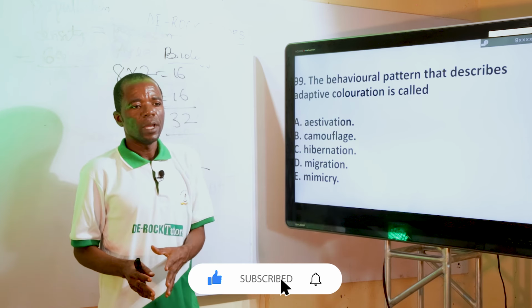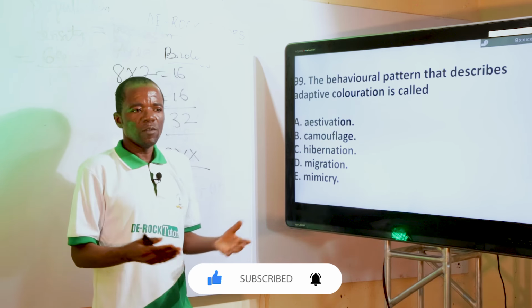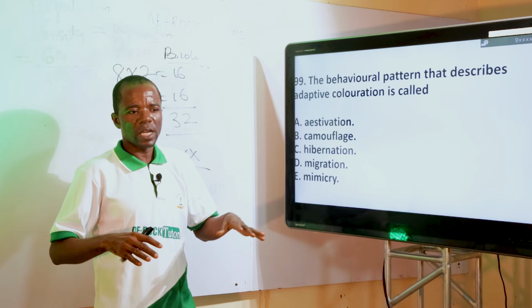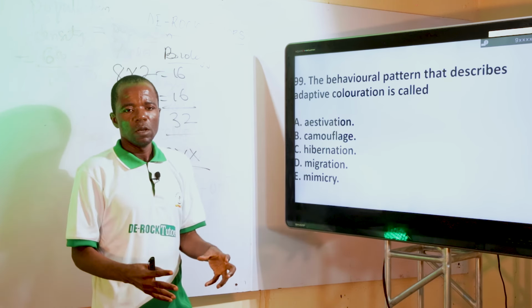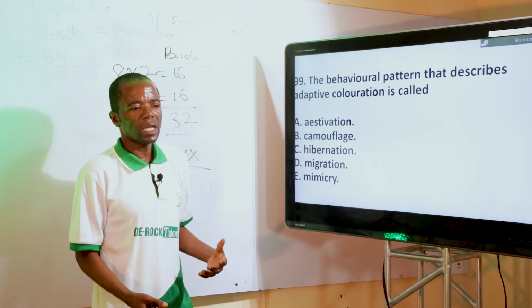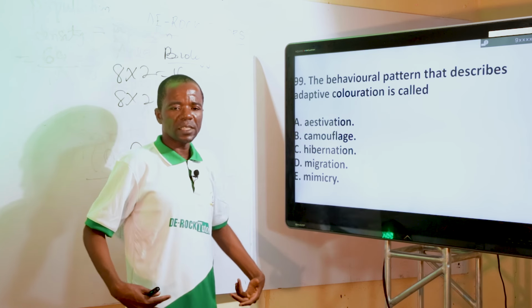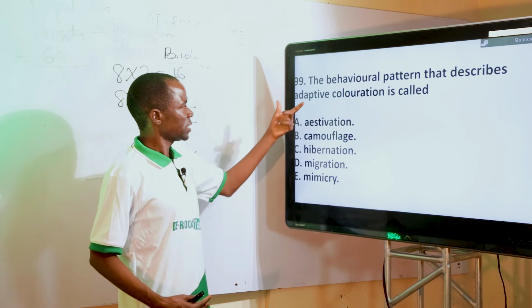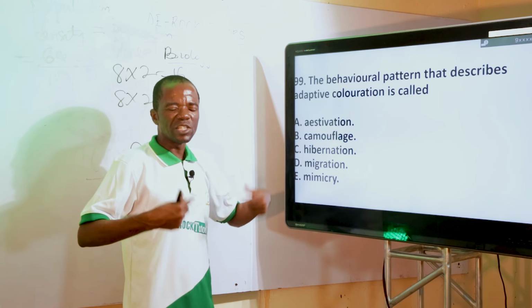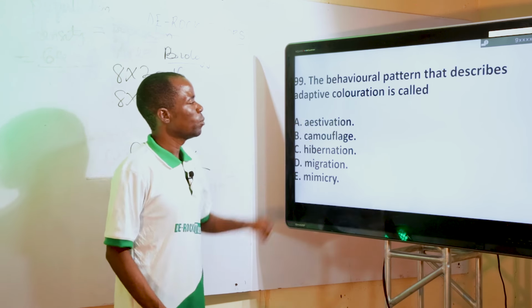Prey can also camouflage themselves to escape from predators, and even the predator can camouflage itself so that prey will not be able to notice it. For example, leopards have a lot of patterns on their body. That is an example of adaptive coloration. We call it disruptive coloration. So the correct answer for this is camouflage.